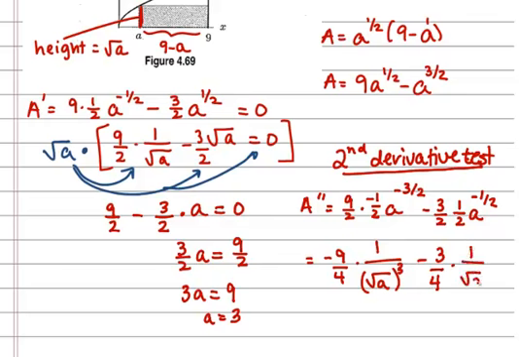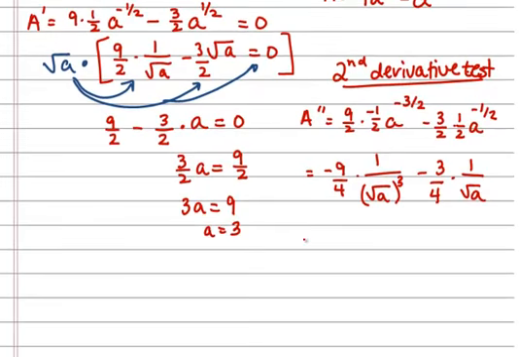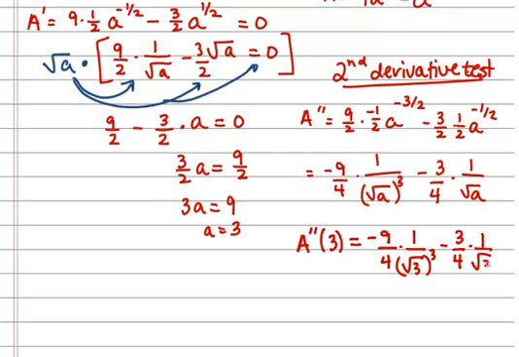So first I'm going to do a little bit of simplification here. I'm going to turn those back into radicals. And let's go ahead and find a double prime at 3. And when I do that, it gives me negative 9/4 times 1 over the square root of 3 squared, cubed, minus 3/4 times 1 over the square root of 3.